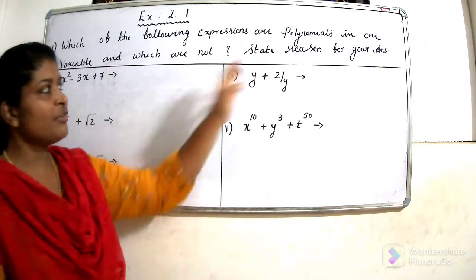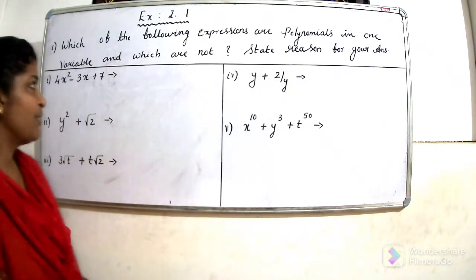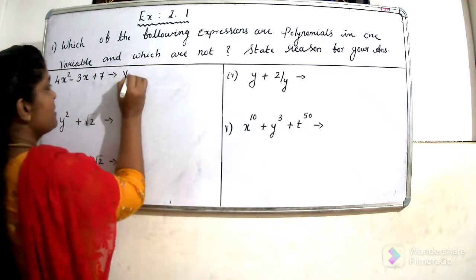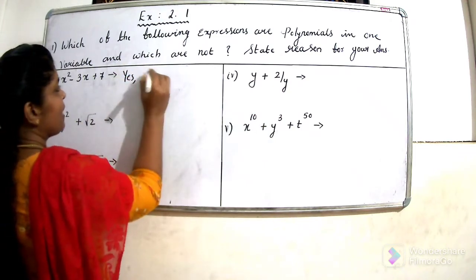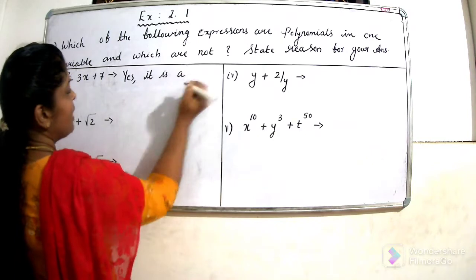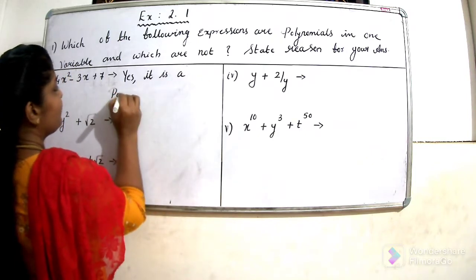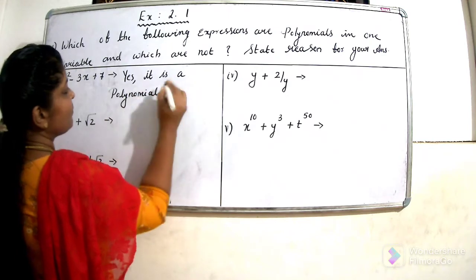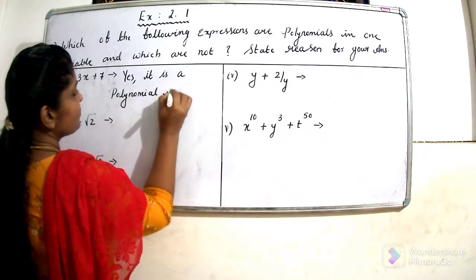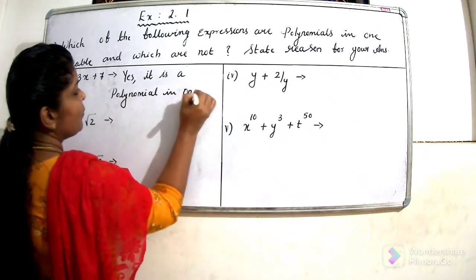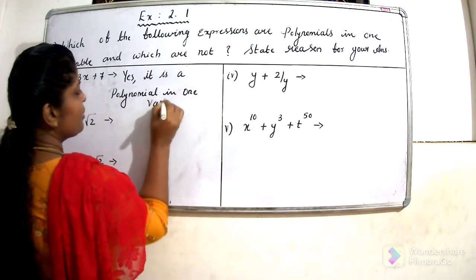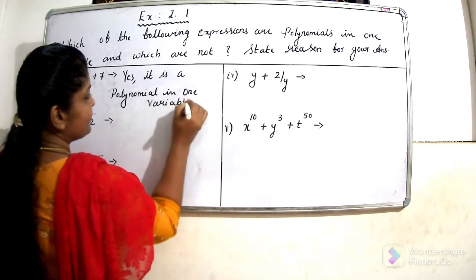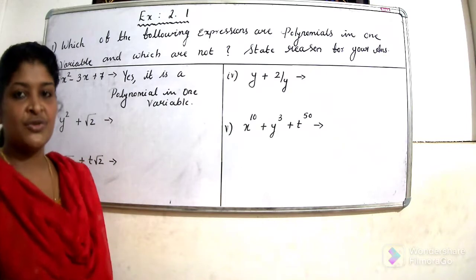Whatever our answer is, we have to state the reason. So we have to write here, yes, it is a polynomial in one variable. This is the first question's answer.